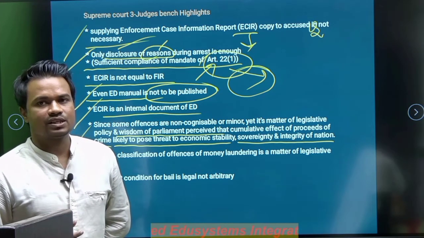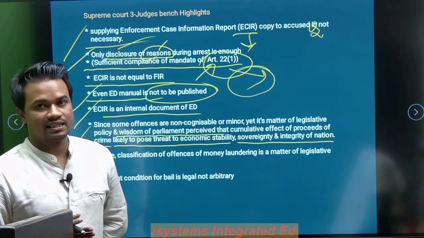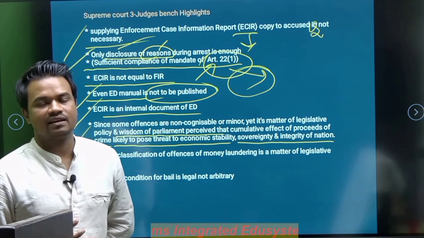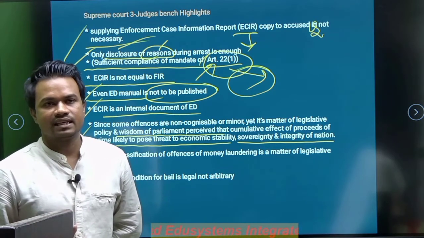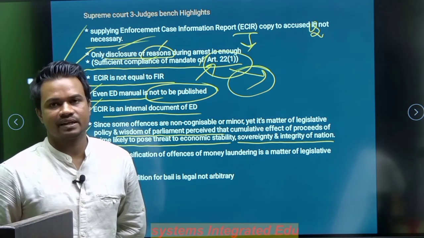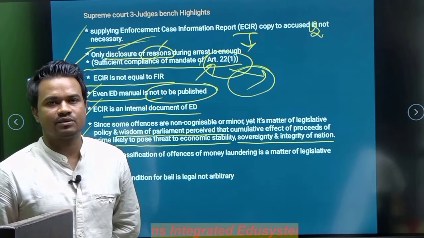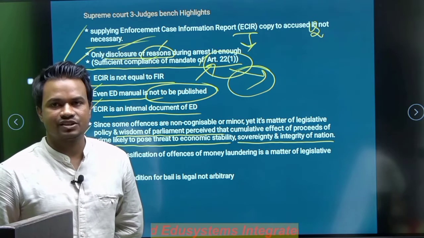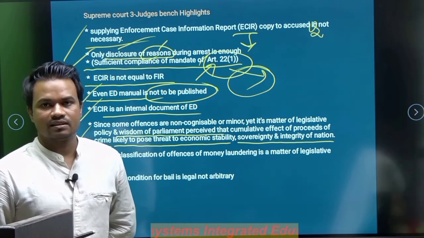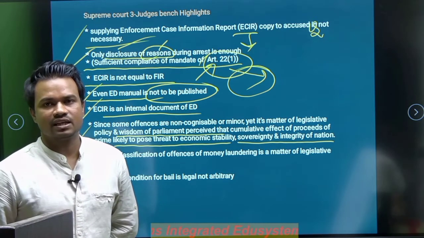That is because policy making and the degree of nature of the crime is under the legislative domain. So it is Parliament that is authorized and vested with the power to make amendments and changes regarding this particular Act. It is not the Supreme Court.